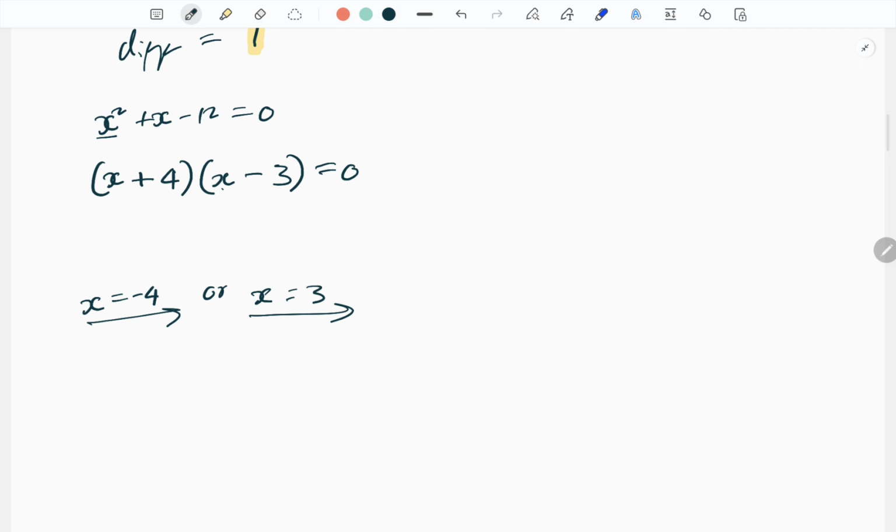To do that, you need to understand how the signs multiply. Every time I multiply the same signs, you get a positive sign.